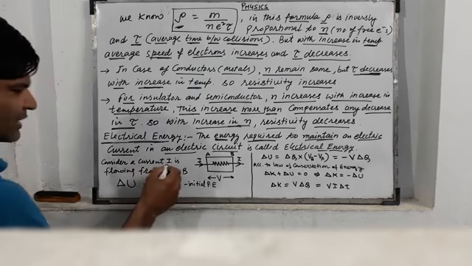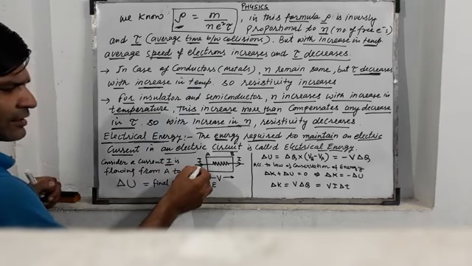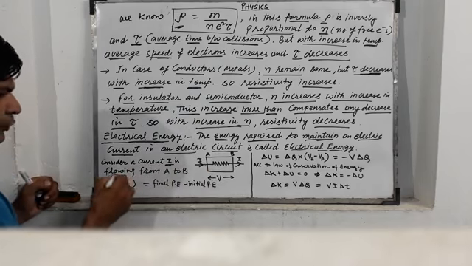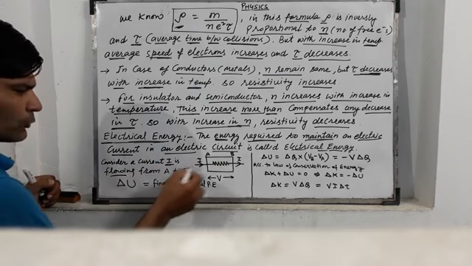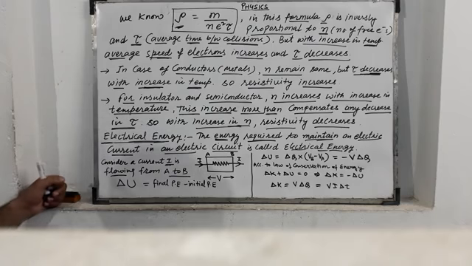consider a current I flowing from A to B in this device.